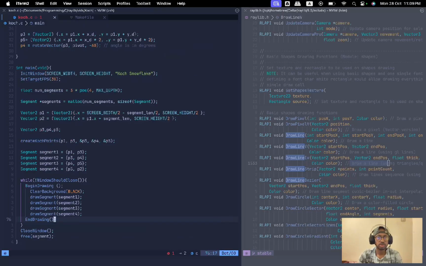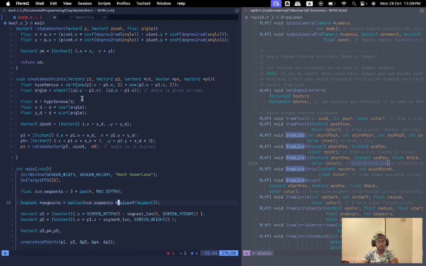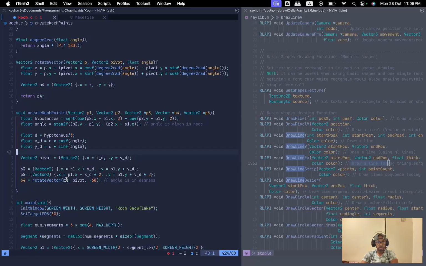Oops. So this should be multiplied times the passing vector. Bring passing to rotate.